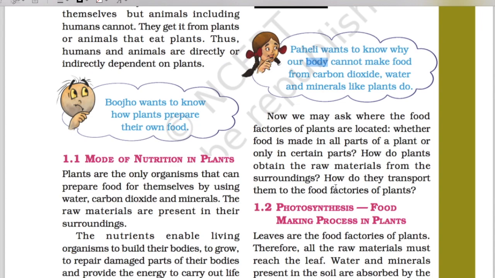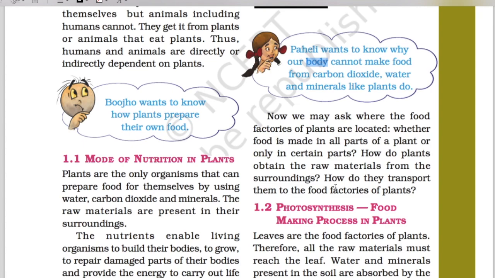Yes, because the food factories of plants are located inside the plant only. Now, which part of the plant is the food factory of plants?